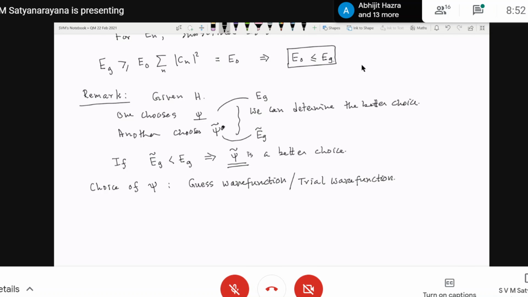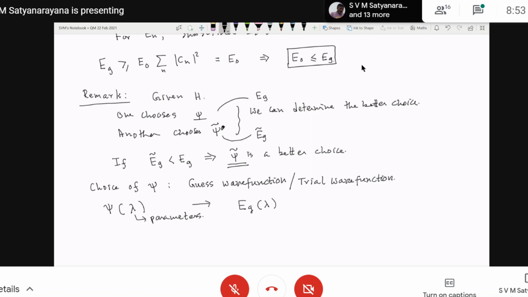Now what you can do is allow a certain set of parameters, lambda. This lambda can be one parameter or a set of parameters. So you choose the state with some floating parameters. You do not know these parameters, but you can choose them. Now, if you try to find the expectation value, this Eg itself will be a function of the parameters.